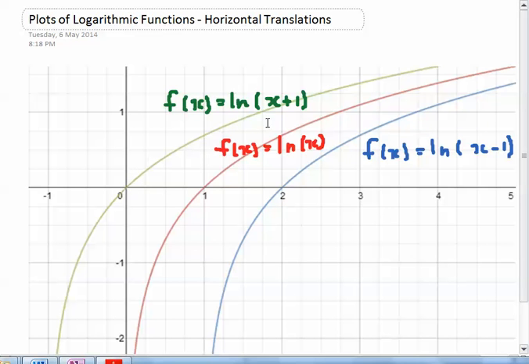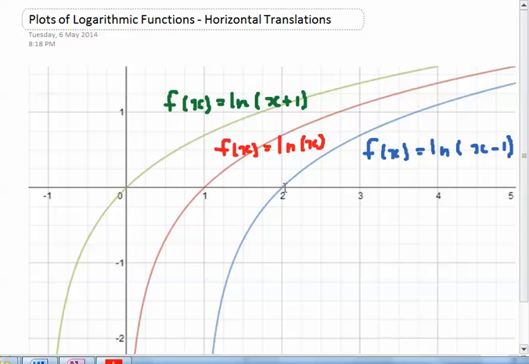And of course that does check out, doesn't it? Because if we substitute x equals 0 in there, our function will equal ln of 0 plus 1, which is ln 1, so that'll equal 0 as well.